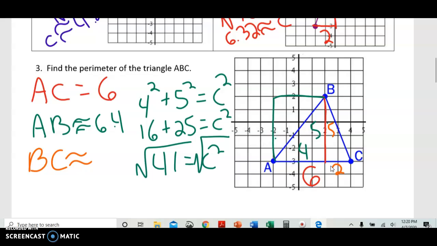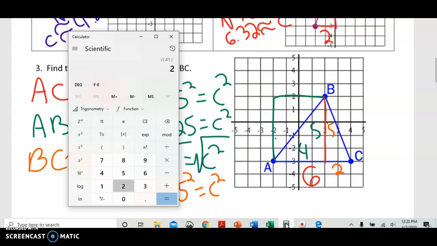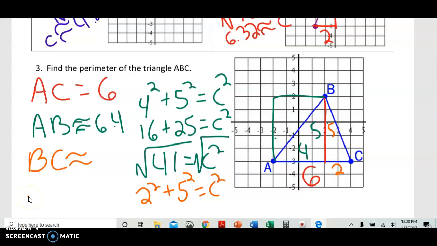So we're going to have 2 squared plus 5 squared equals C squared. We're going to go ahead and solve that. So we'll have 4 and 25. That'll be 29. The square root of 29 is what we are looking for here. That is approximately 4.385, which is 4.39 when we round.